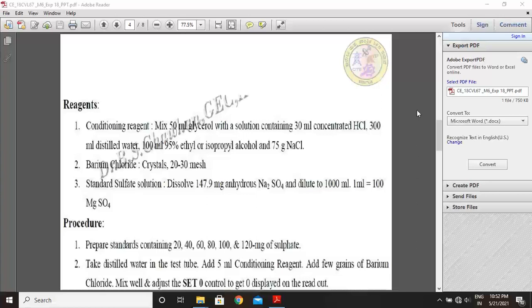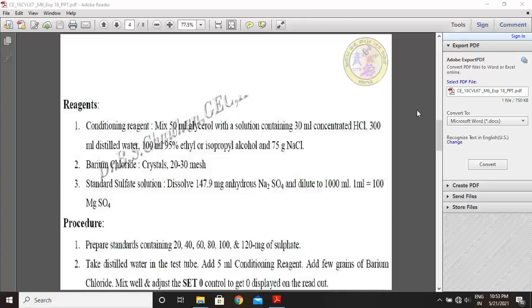Take distilled water in the test tube, add 5 ml conditioning reagent, add a few grains of barium chloride, mix well and adjust the set zero control to get zero displayed on the readout. I am explaining using the nephelometer unit how to do the calibration.